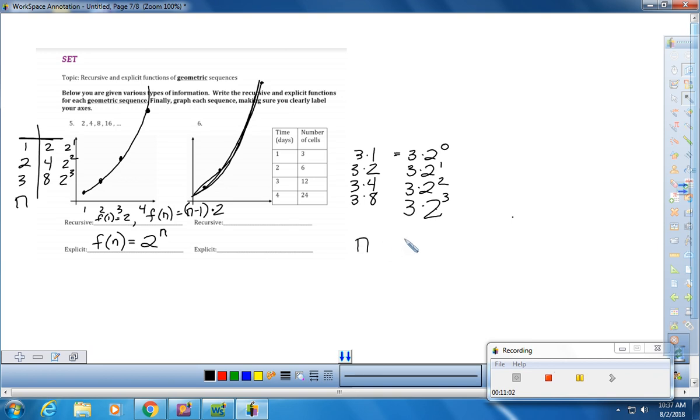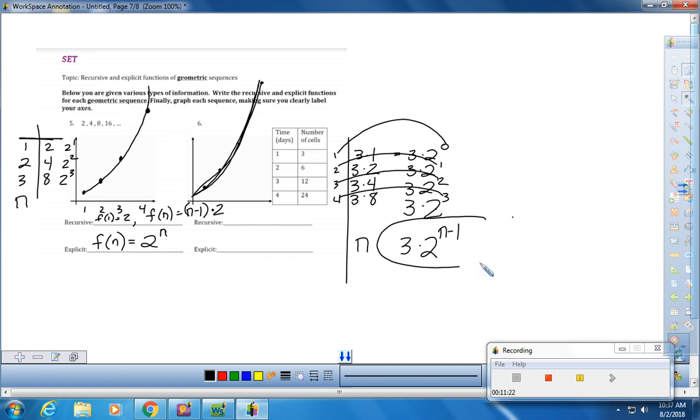If we wanted n, it's going to be 3 times 2. Now look, this was the first one, the second one, the third one, and the fourth one. And I want you to notice that this is one less, one less, one less, one less. So that is our explicit formula. F of n is 3 times 2 to the n minus 1.